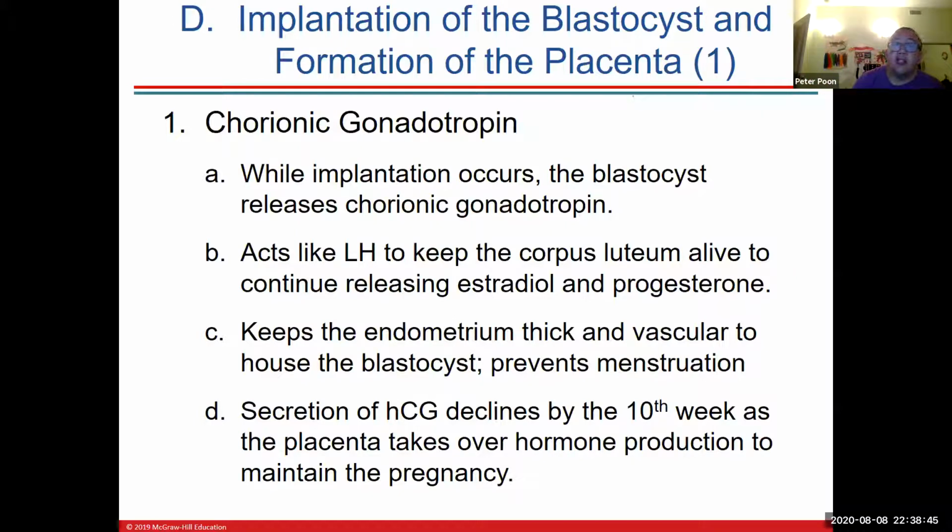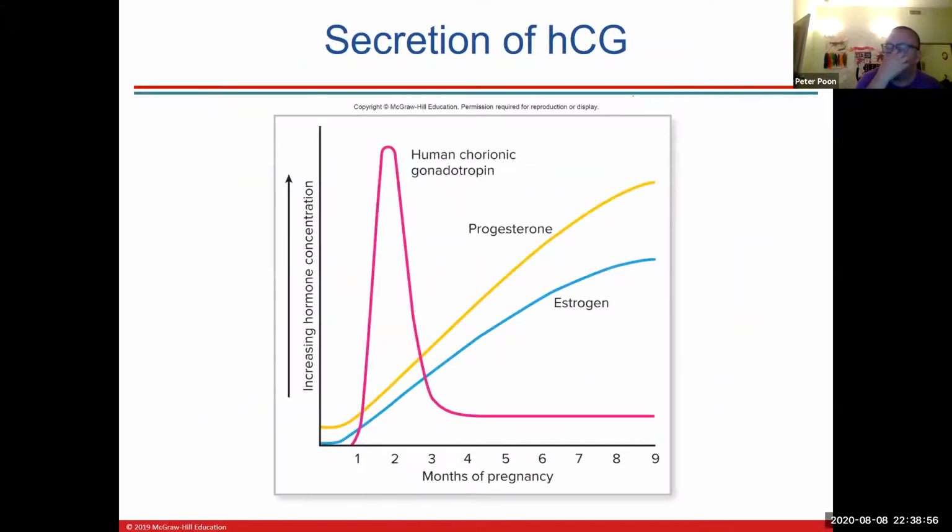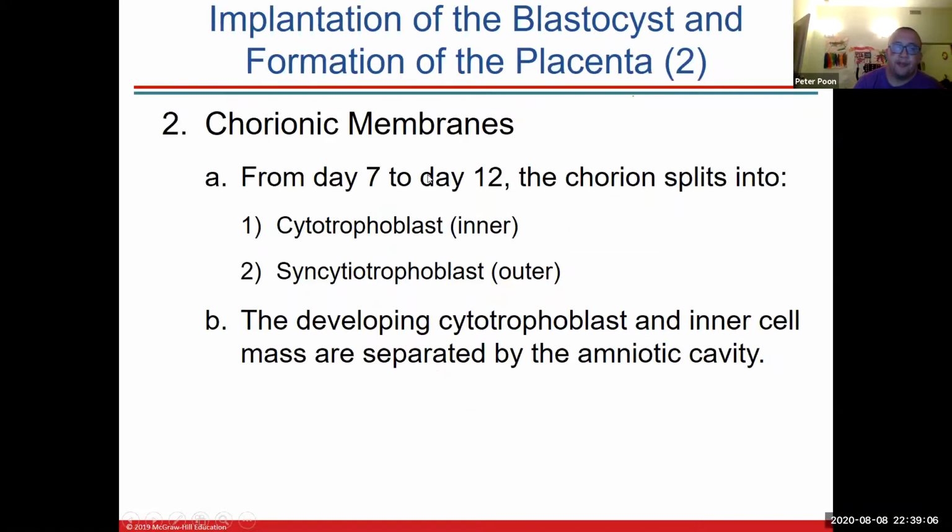The secretion of HCG declines by the 10th week because the placenta takes over to help maintain the pregnancy. So HCG is important for the first couple of months.